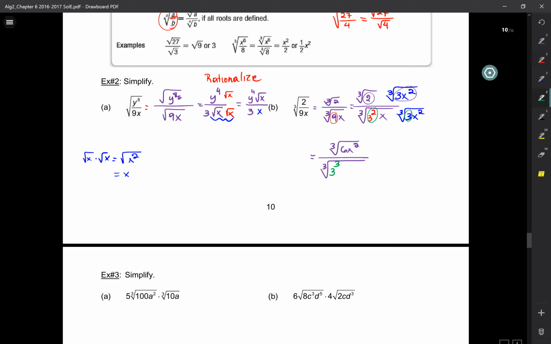And now I have x times x squared, and it'll be x to the 3rd. So this is cube root of 6x squared over 3 times x.